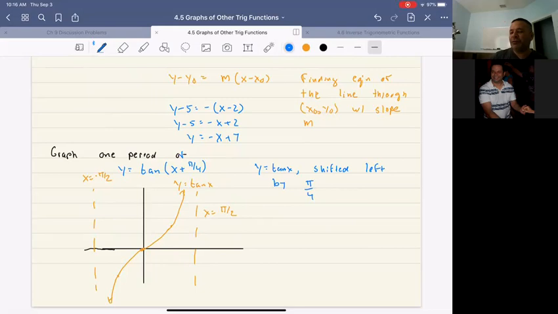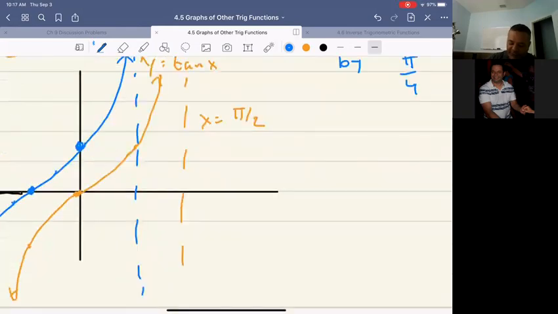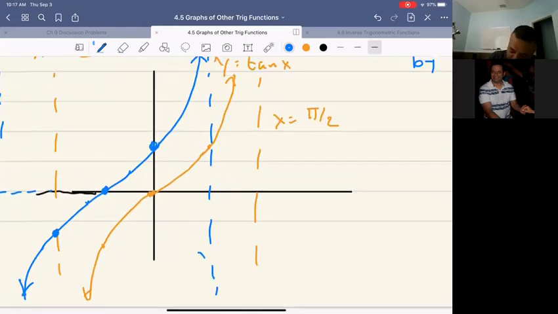So pi over 2 minus pi over 4 moves this way in blue. That point's going to be here, that point's going to be here. This asymptote's going to be at negative 3 pi over 4. And this asymptote here in blue, let me label it, is at pi over 4.